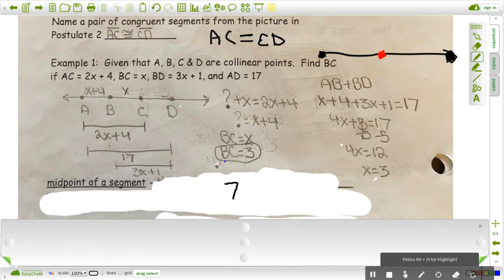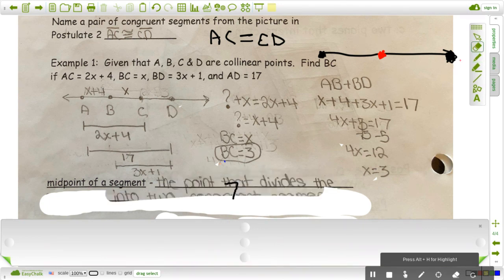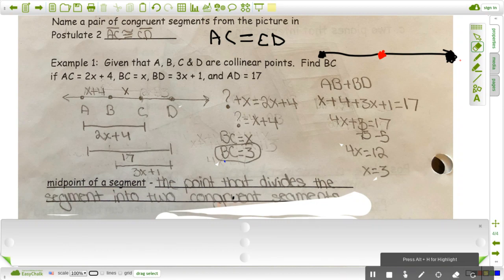The midpoint of a segment is a point in the middle, or more specifically, is a point that divides the segment into two congruent parts. So let's see the definition. The point that divides the segment into two congruent segments, which is essentially what I said. Now let's move on.